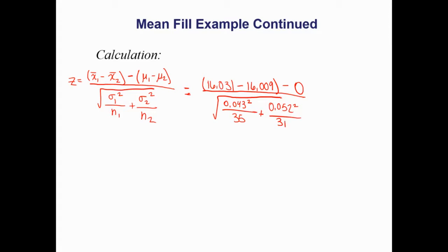Don't forget to square your standard deviation. If we calculate that statistic, what would we get?